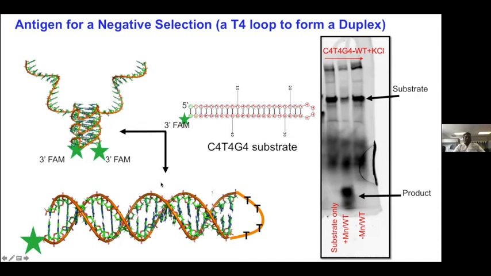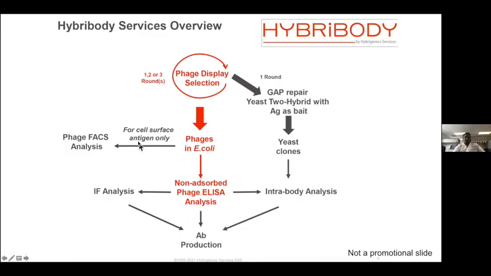So we got a nice duplex as a negative control for selecting nanobodies that would bind to G4 versus the similar-looking duplex. For positive selection, we're using biotinylated G4 sequence. For negative selection, we were using the T4 loop duplex with a biotin tag.